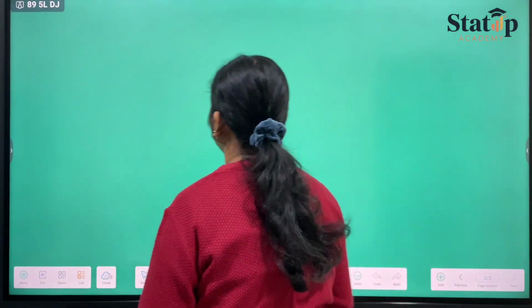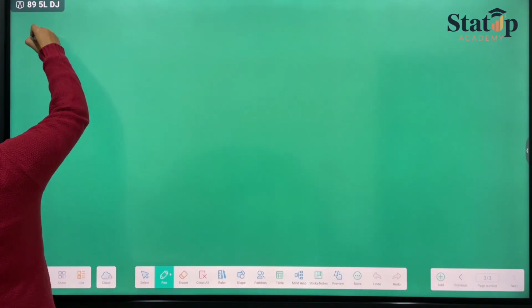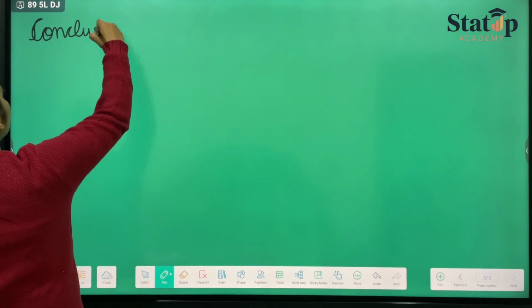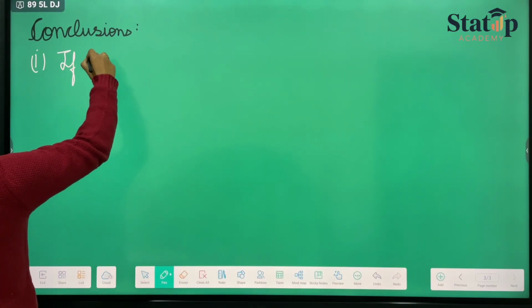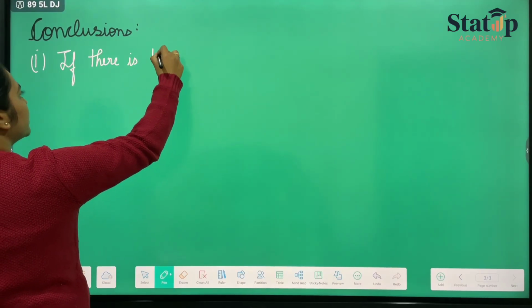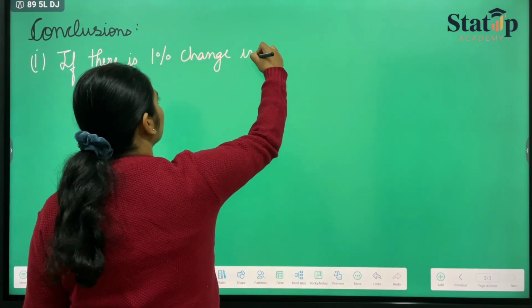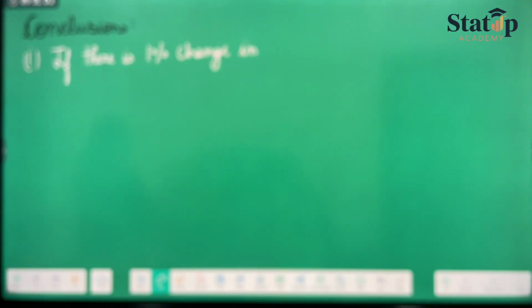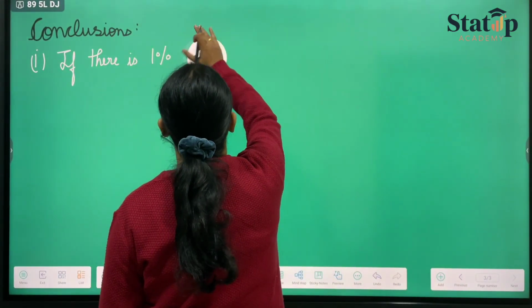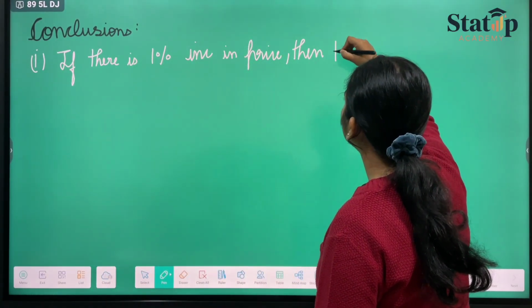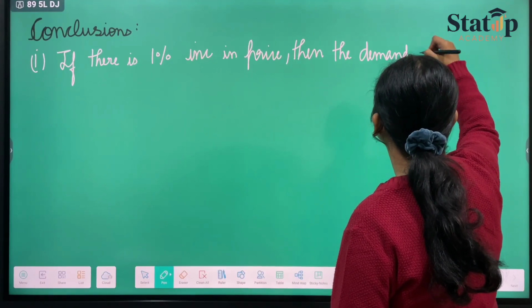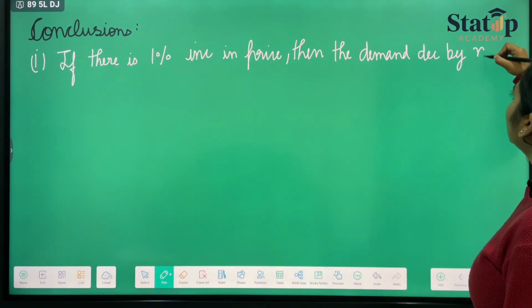Now, the conclusions that we draw from this are: if there is a 1% increase in price, then the demand decreases by eta p%.